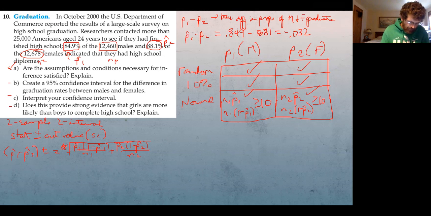The difference is negative 0.032 plus or minus our critical z value for 95%, which is 1.96, times the square root of: p hat 1 is 0.849, and the complement is 0.151, divided by 12,460, plus 0.881 times 0.119, the complement, divided by 12,678.